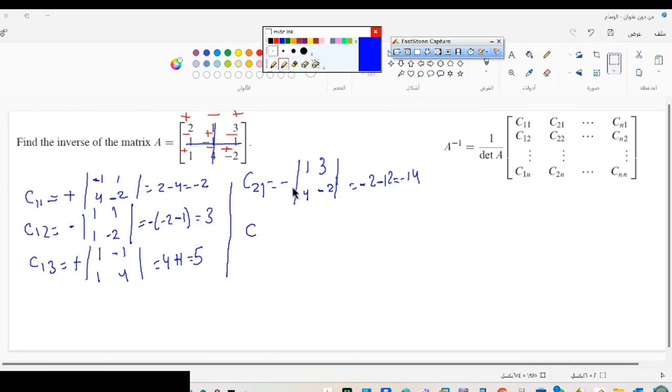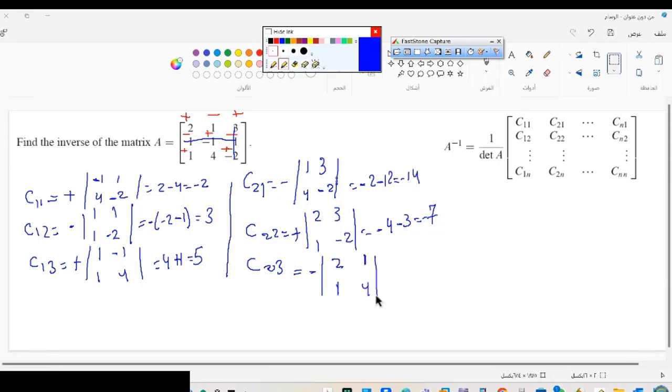So it's C22, positive 2, 1, 3, minus 2, minus 4, minus 3 is minus 7. Now cancel this. Shouldn't we multiply? No, there's no multiplying with anything, just this one. C23 is negative 2, 1, 1, 4. So it's minus 8 minus 1. It is 9.